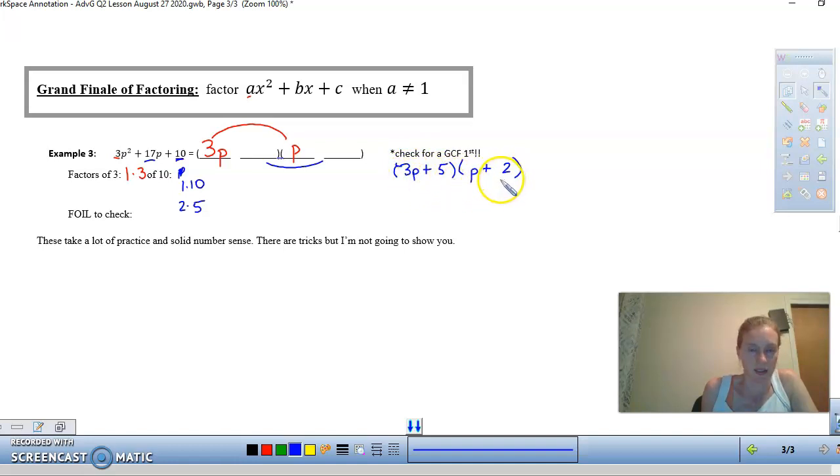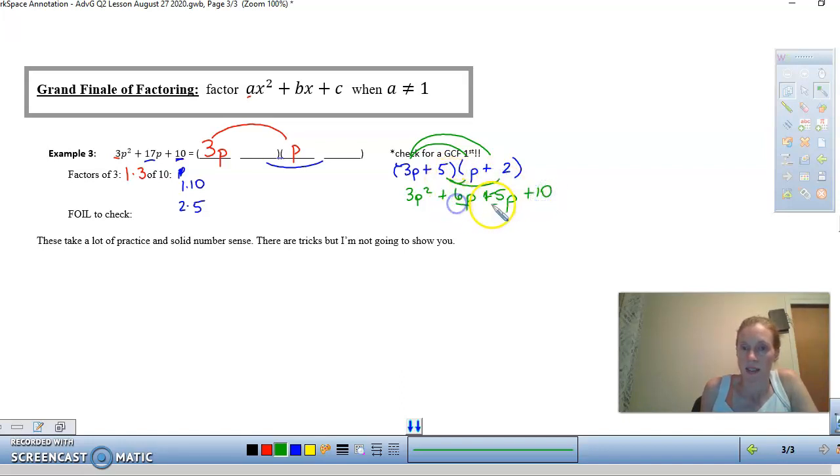That's my guess for how this is factored, because 3p times p is 3p squared, and 5 times 2 is 10. Now, what you have to do is go through and FOIL, and then we'll talk about the things you want to focus on. That's going to be 3p squared, and then 3p times 2, which is 6p. Then down here, we have 5p, and then 5 times 2, which is that 10 we knew we were going to get.